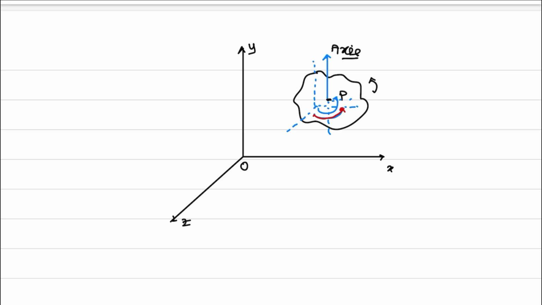And this rotation can be compared with a vector P. Then the rate of change of a vector, please try to understand this. What is the rate of change of the vector? dP by dt is equal to omega cross P. P is a vector.